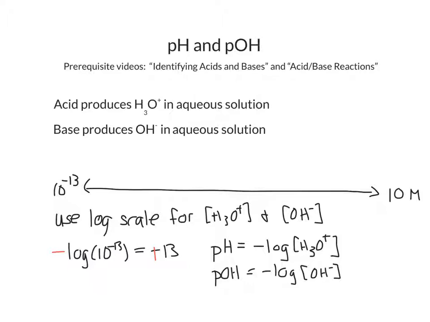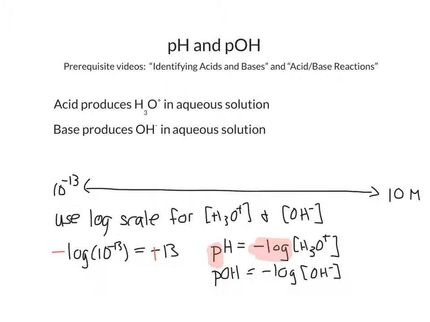Notice that I am basically using this symbol p to mean minus log. Anytime we have something that is p something, some variable, we mean minus the log of that variable.